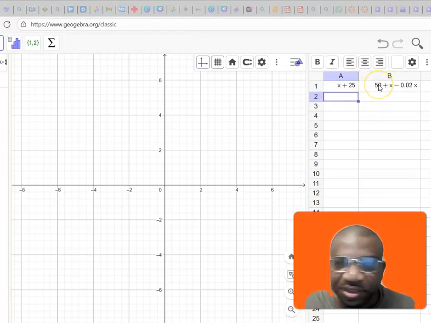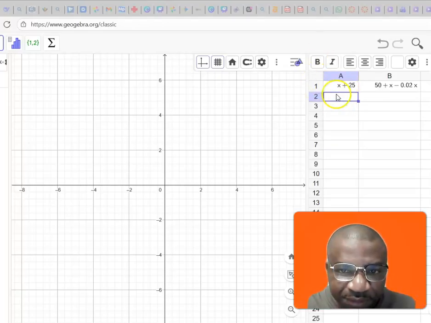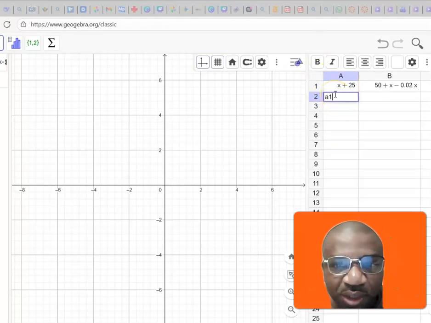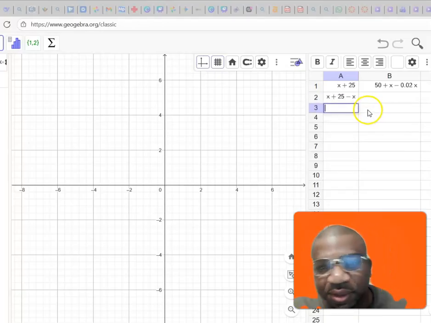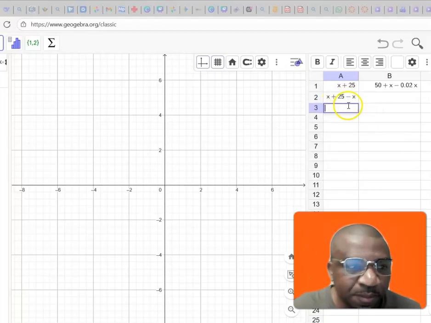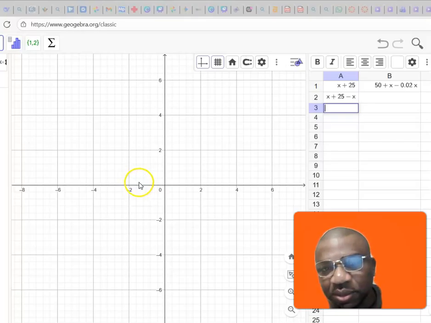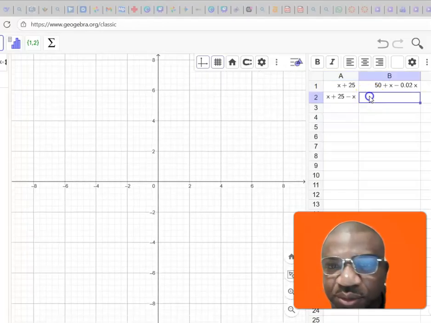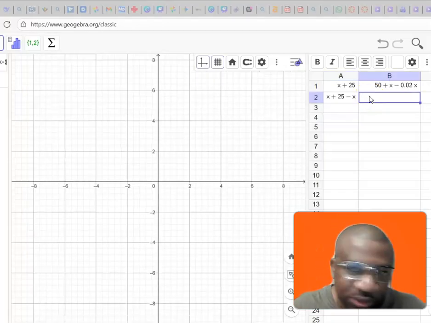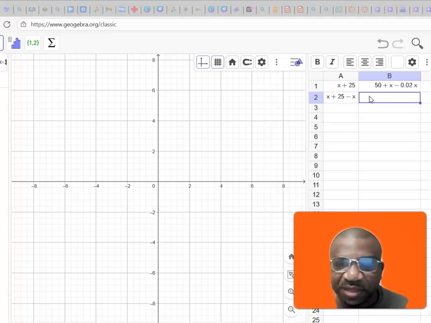So on this column here, we can say a1 minus x equals to, and it appears in this form. Good. So mind you, we'll also be visualizing on this side to see how the lines will be appearing. Good. So the next thing to do, let's subtract on the right hand side, since we have subtracted x on the left hand side.